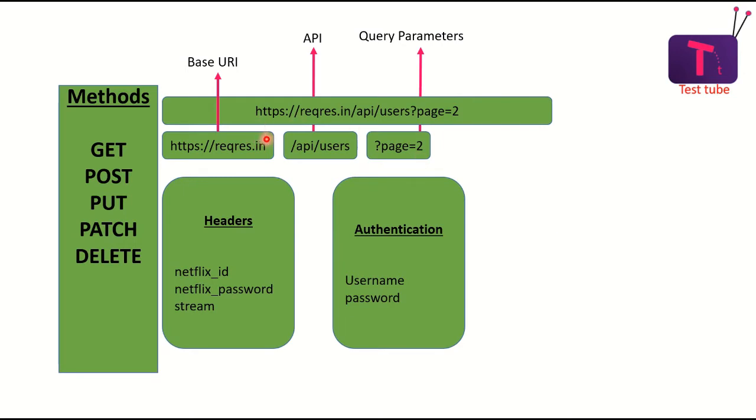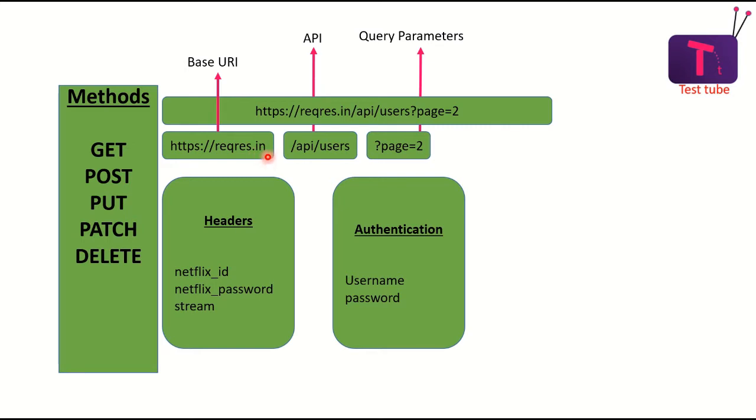If you carefully notice, this entire API up to this part is what we call the base URI. In other words, it is the server where all the APIs are hosted. When we query for information from a particular API, that API is mounted on this server, and it will be called and will send the details the client is looking for.